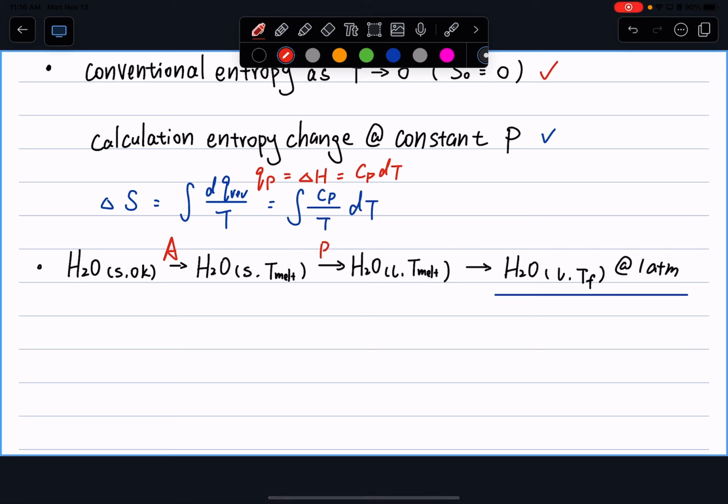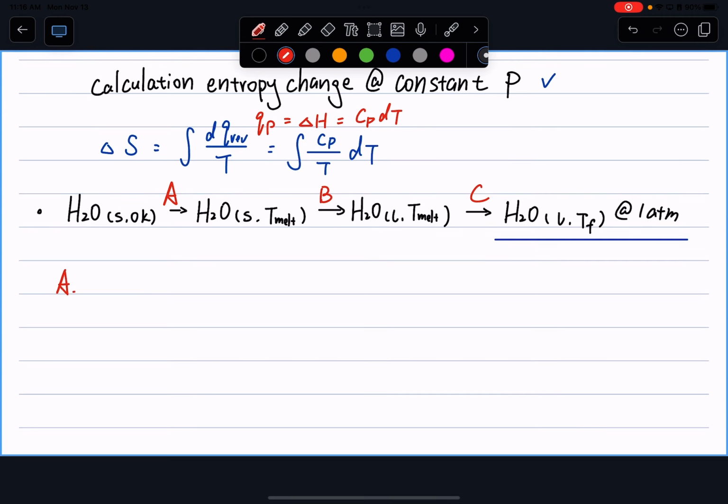The second step is the melting taking place at the melting point, from solid to liquid. And at the end, we have the temperature rise from the melting point to the final desired temperature. Pretty straightforward, and you should know how to do it by now, but let's refresh your memory on these applications.